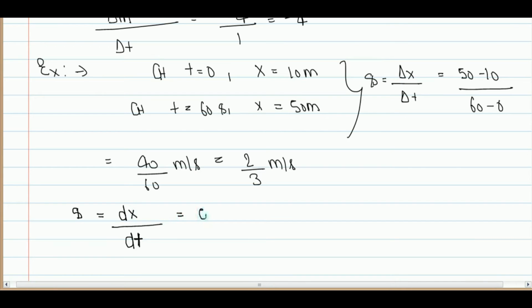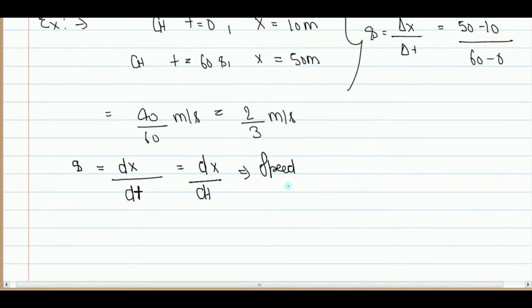This dx by dt is nothing but the rate of change of x with respect to time, and that is called speed, or velocity. Speed and velocity are not equal; we will discuss this in the vector chapter, but for now you can understand it like this. So let's move to the basic formulas. What will be the differentiation of a constant with respect to any variable?